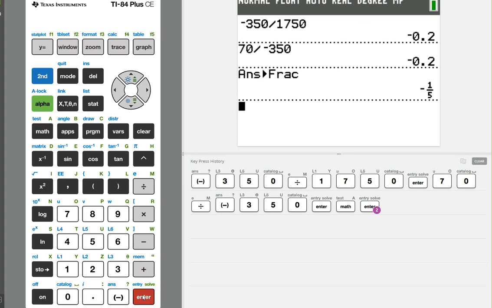So you're multiplying by negative 1/5, or essentially dividing by negative 5 to get from one term to the next. So is this a geometric sequence? Yes, absolutely. So this is a geometric sequence. r equals negative 0.2.